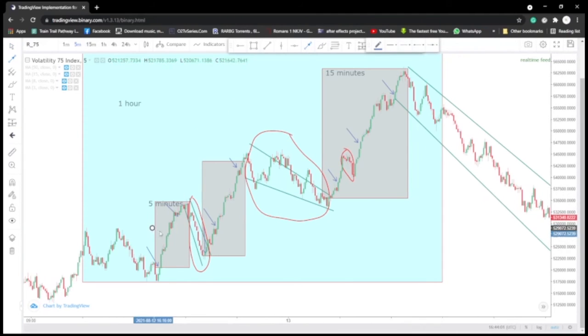The market moves in levels. This is my second level here. Remember, the arrows represent 5 minutes levels. The boxes that are in orange represent 15 minutes, and the blue one represents 1 hour.